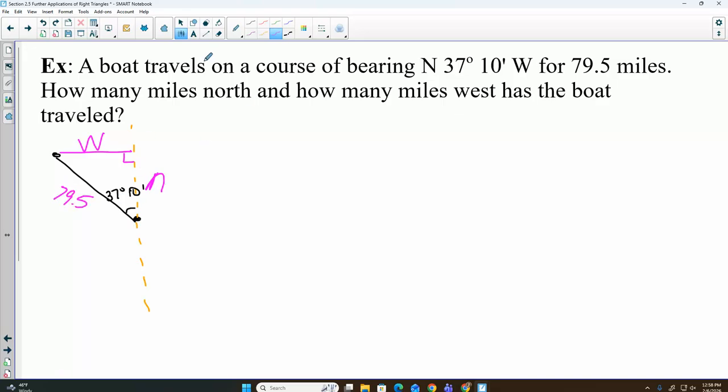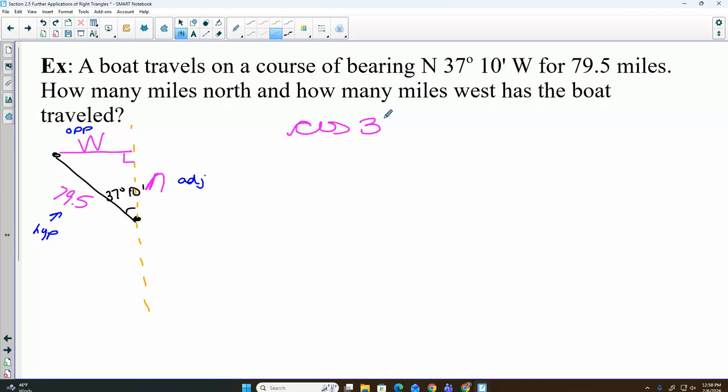All right, if I'm using this angle, I know the hypotenuse is across from the right angle. Opposite is directly across, adjacent is touching it. So if I want to find north, that's adjacent and hypotenuse, what trig function?